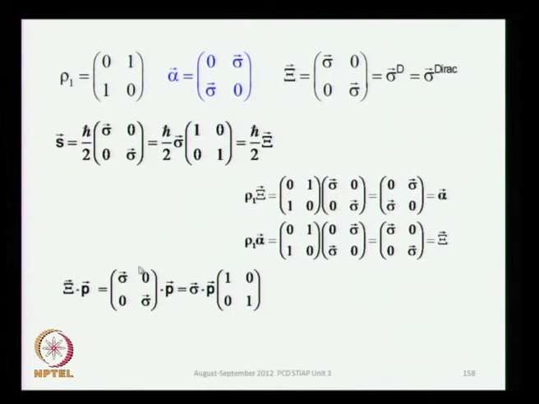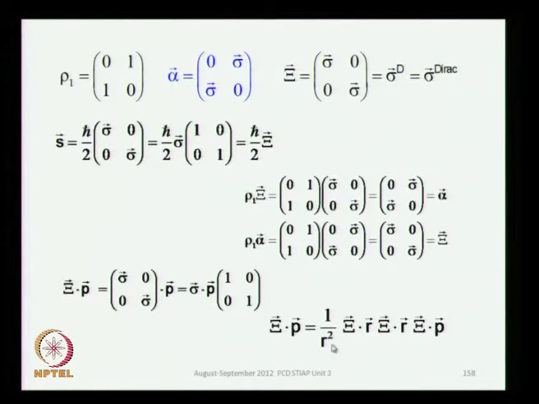So now let us see how to deal with this term sigma dot p, and sigma dot p I have prefixed by a unit operator, okay, because sigma dot r over r is the projection of sigma along some direction, and this is only a direction because this is the position vector divided by the length of the vector, which is r over r, which will give you the unit vector, and there are two of these, there is an r position vector here and another over here.